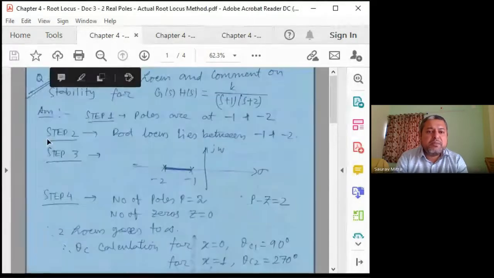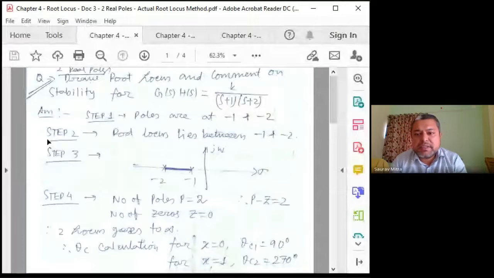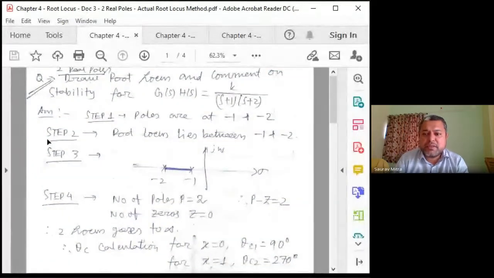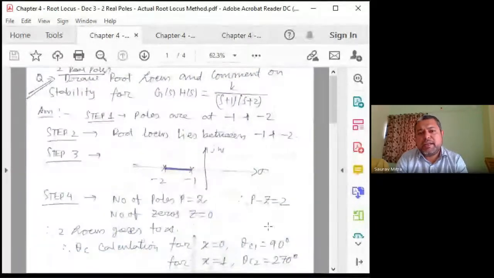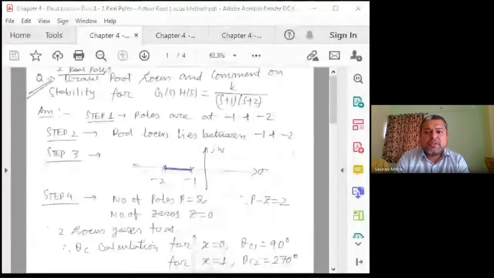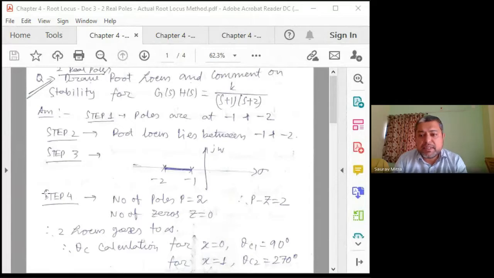So yesterday's numerical we had taken G(s)H(s) as k divided by s into (s plus 4). Exactly the same kind of numerical we are taking, but instead of s equal to 0, we are taking one pole today at s equal to -1. So this numerical we will see, and we will see it by the standard root locus method.